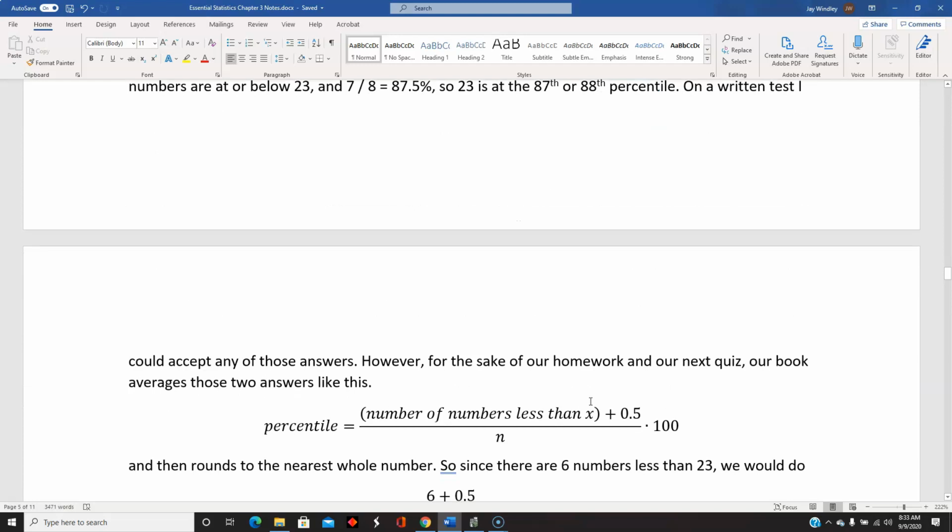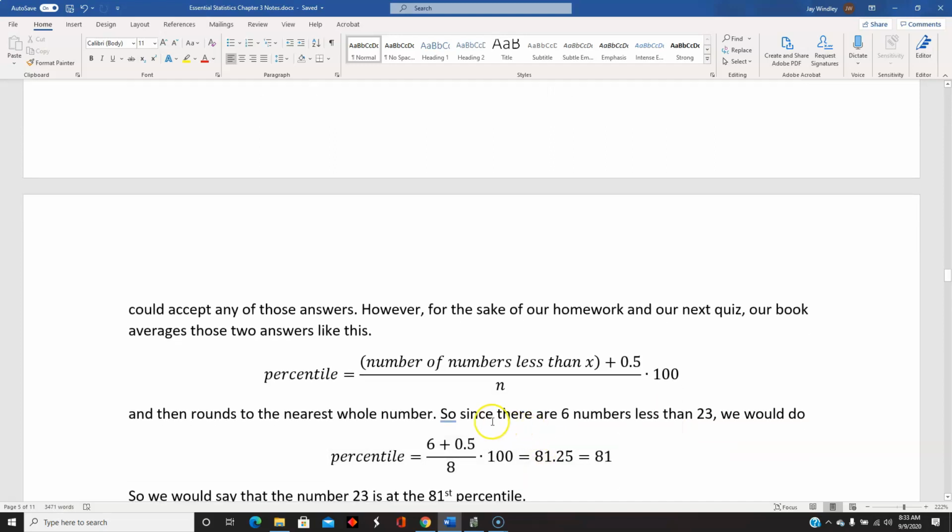But the book has a method that will give us an answer in between those two. So the book wants you to do this. Look at the number of numbers that are less than x, x being the number that you're trying to find the percentile of. Add a half to that and divide by n and multiply by 100.